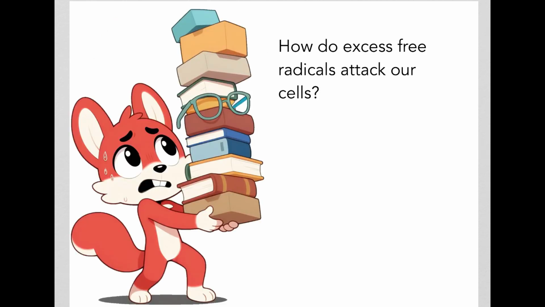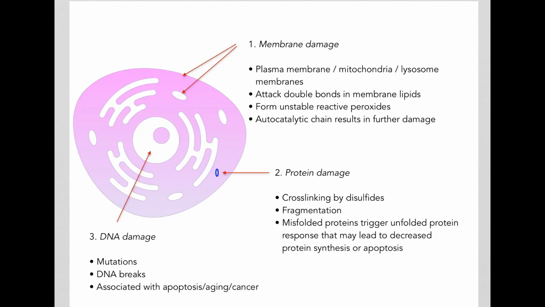So we have seen several different ways by which free radicals can be generated in our cells. So now let's look at how these excess free radicals attack our cells. What do they actually do? So theoretically, a free radical is so reactive that it can attack and damage any biomolecule nearby.